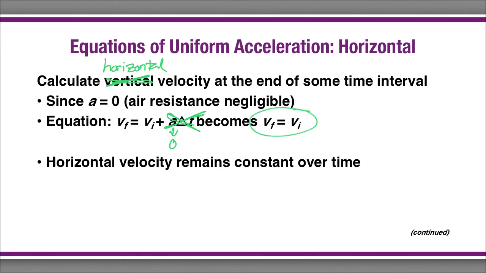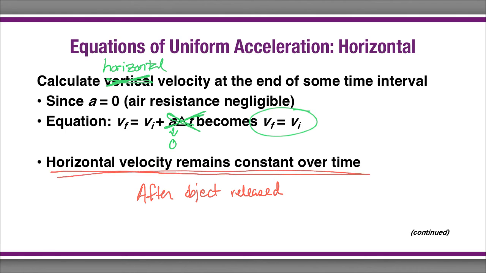Therefore, your final velocity is going to be equal to your initial velocity, and what that means is in horizontal motion, horizontal velocity after an object is released from your hand or projected from some method is going to remain constant over time until it is acted upon by another force, meaning an object is caught, or hits a wall, or hits a racket, or hits a bat, something relative to that nature.